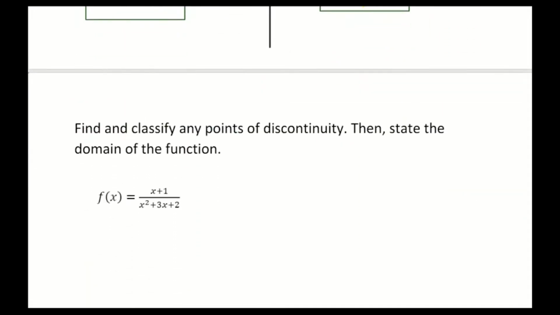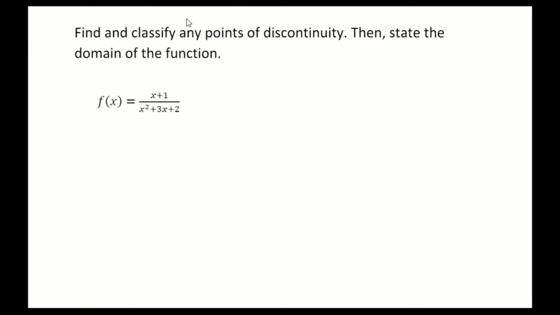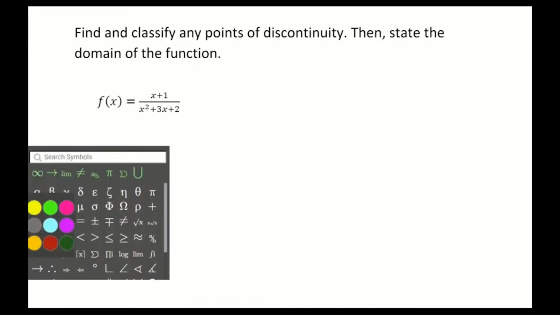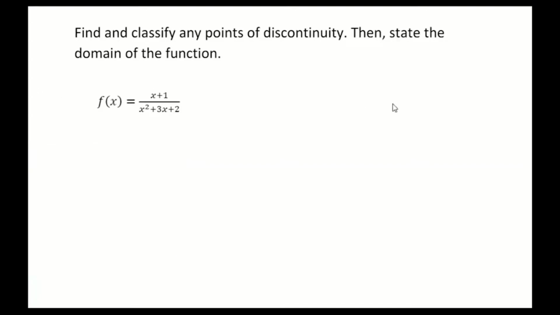All right, so let's take a look at an actual function here and see if we can find any points of discontinuity. So when we look at a rational function in particular, there are 2 different things that would cause a discontinuity. Way back when we talked about rational functions, we saw that there were 2 things that could make this kind of function undefined.